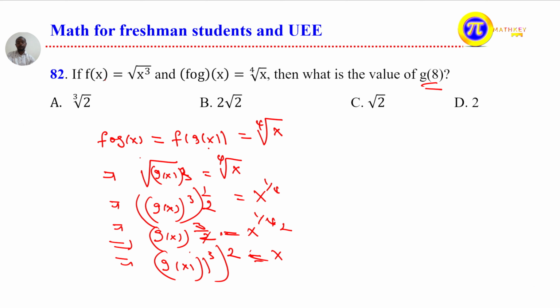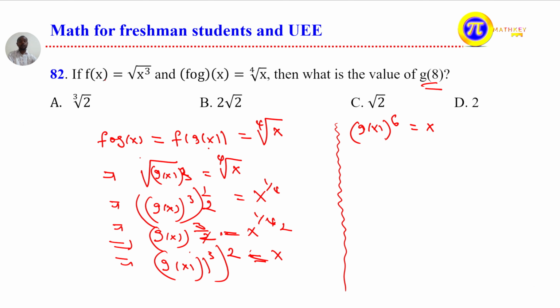Here we are. What remains is g of x to the power of 6, that is 6, is equal to x.